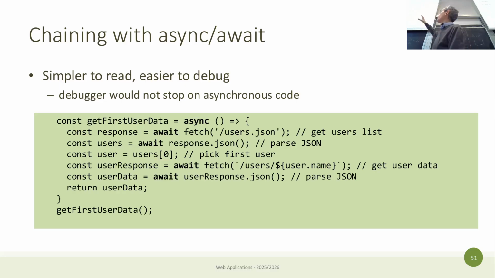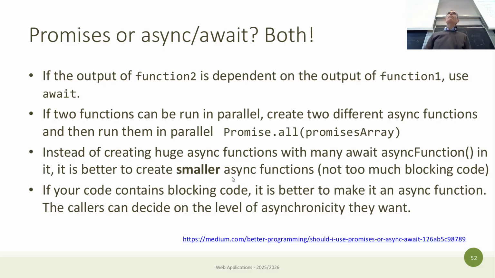But of course, if you fill up a function with awaits, then it becomes difficult to handle, to understand when it finishes, how long it takes, and so on, okay? So maybe it's better to encapsulate single functionalities inside smaller asynchronous functions, okay?